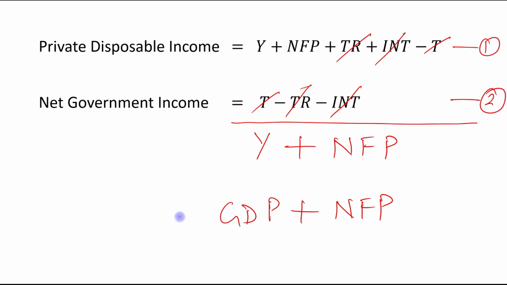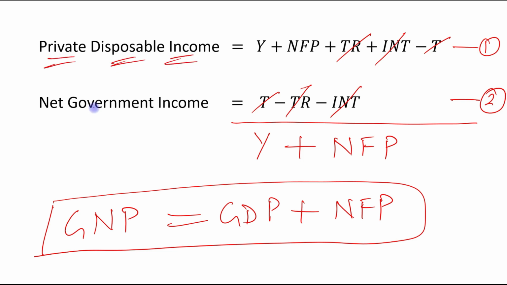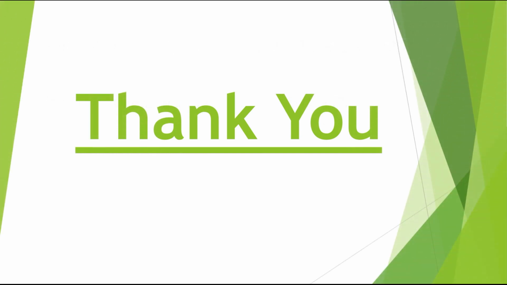And I think if you remember, this is gross national product. So basically the sum of the private disposable income and the net government income is gross national product. Clear? Thank you.